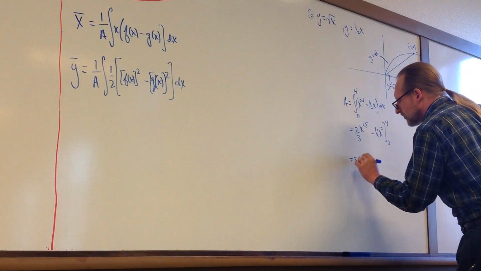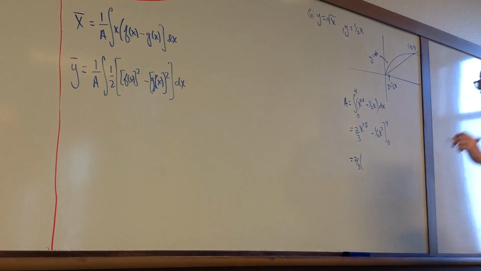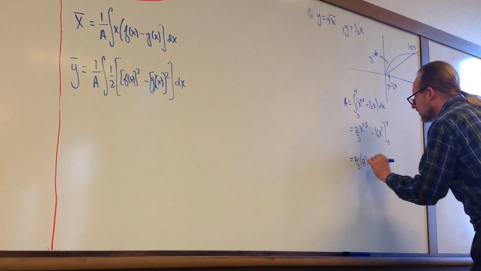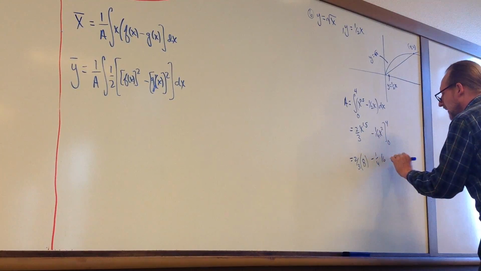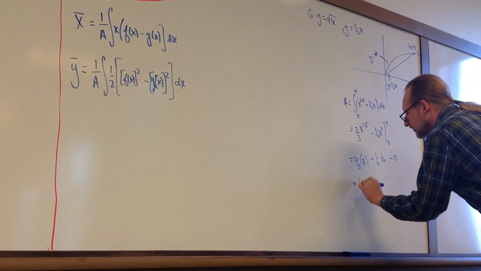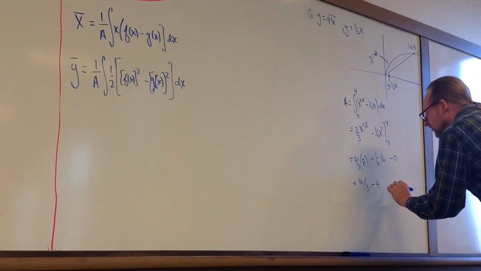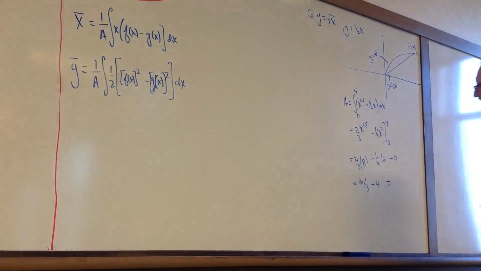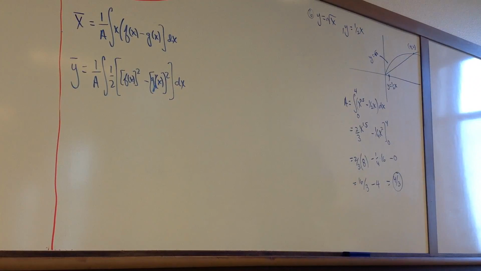So this will be 2/3 times 4 to the 3/2 power, that should be 8. And then 1/4 of 16, and then minus 0. So this will be 16/3 minus 4. So what is that? 16/3 minus 12/3, or 4/3. Okay, so that's our area.